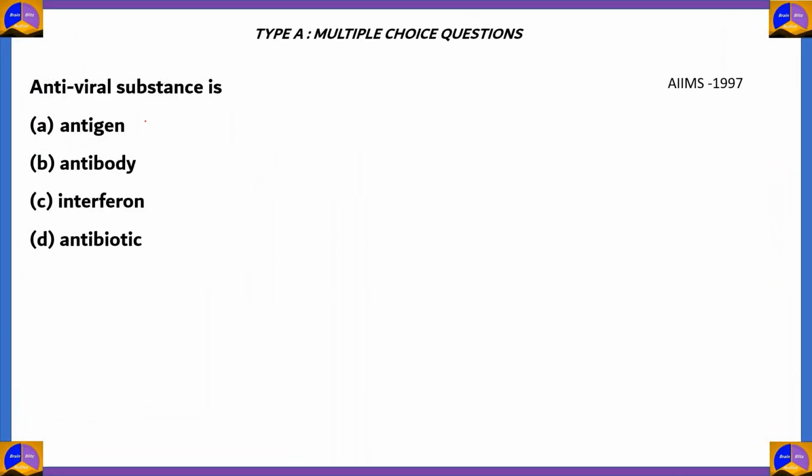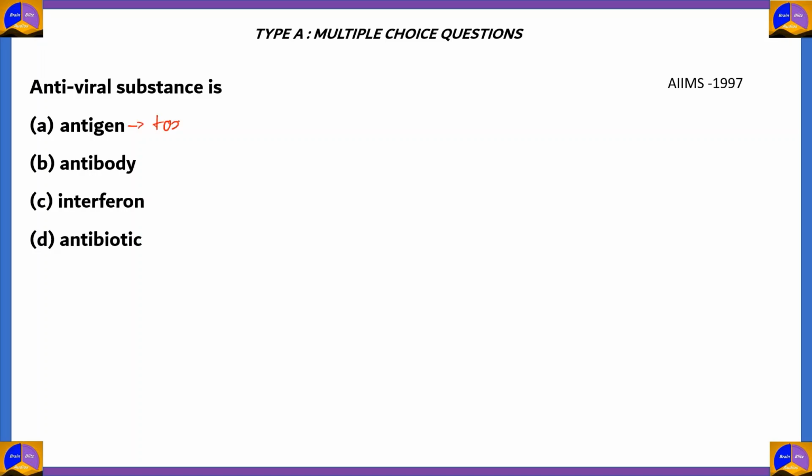Next question. An antiviral substance is A. antigen, B. antibody, C. interferon, and D. antibiotic. So let's look at each of our options. Option A, antigen.